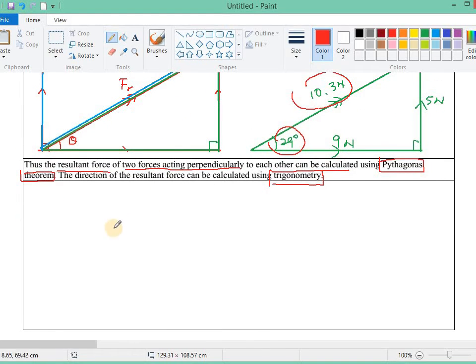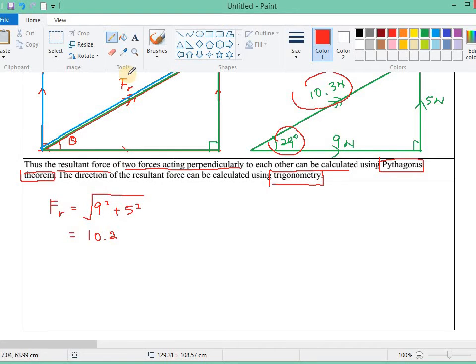So now we see how we calculate. We want to calculate the resultant force. 9 square plus 5 square, whole thing square root, then you get 10.2956.